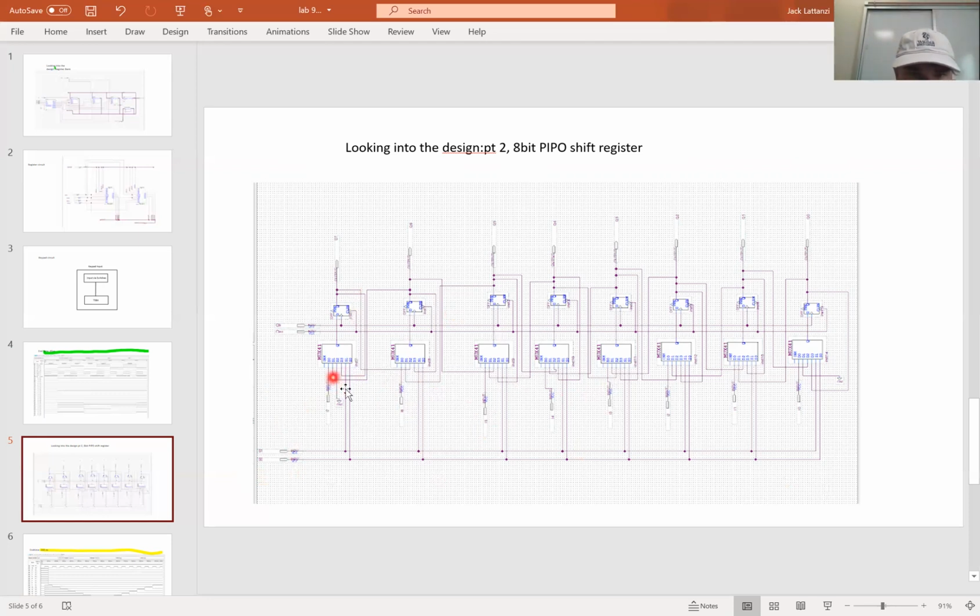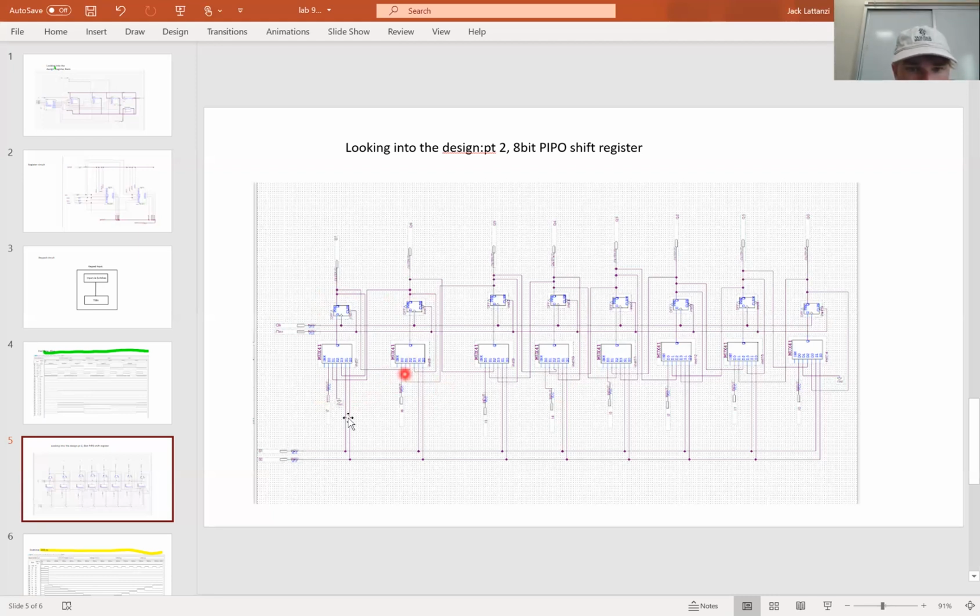D1 you can see is connected to the segment to the right, which creates, when it is 0, 1, a shift left. Input 2 is connected to the one to the left, which we can see here, which creates a shift right.